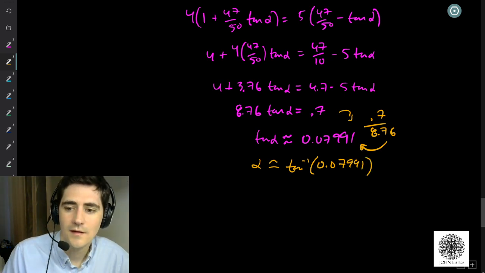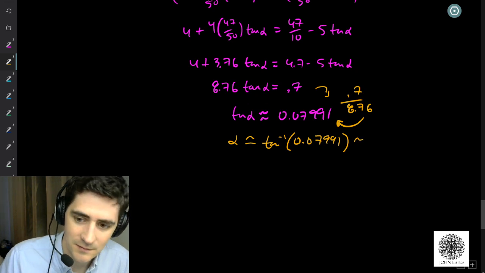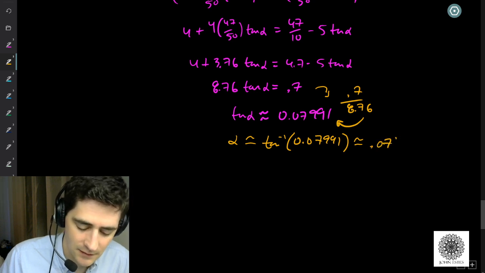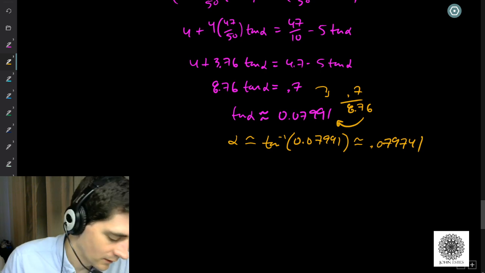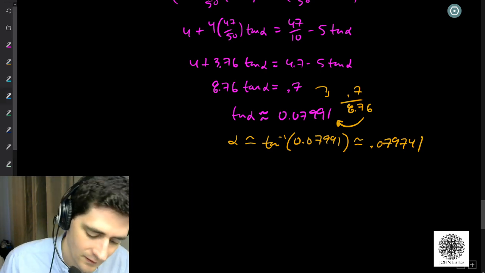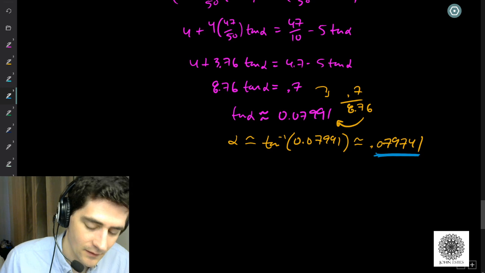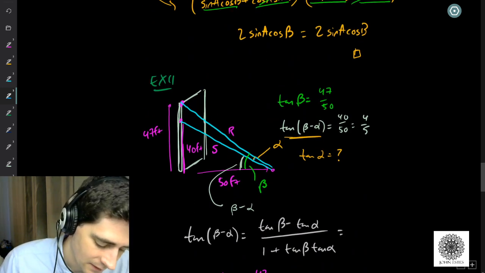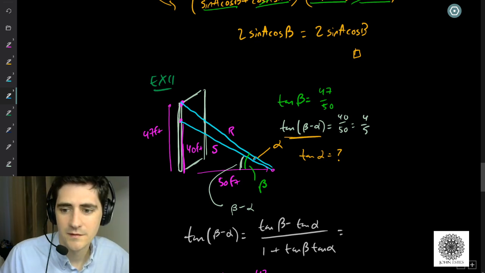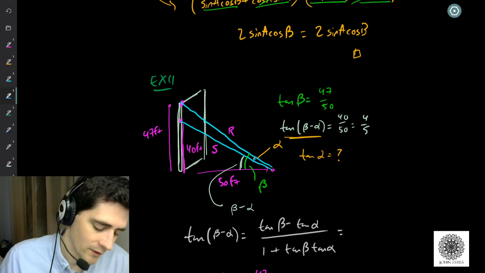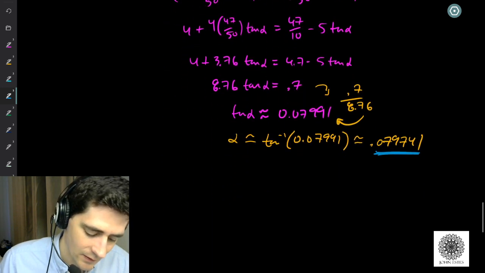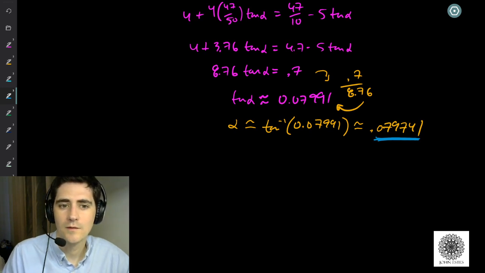When you take the tan inverse of that, you'll get approximately 0.07971. Okay, that is my angle. That's alpha in radians. So going back to the picture, this alpha is the number that we just got.